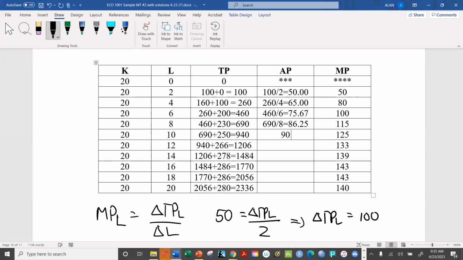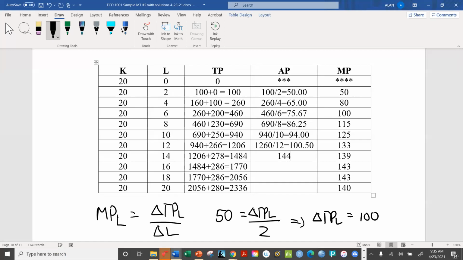And then 940 over 10 is, of course, 94. 1206 over 12 equals 100.50. 1484 over 14 equals 106. 1770 over 16 equals 110.63. 2056 over 18, 114.22, and then finally 2336 over 20 equals 116.80.